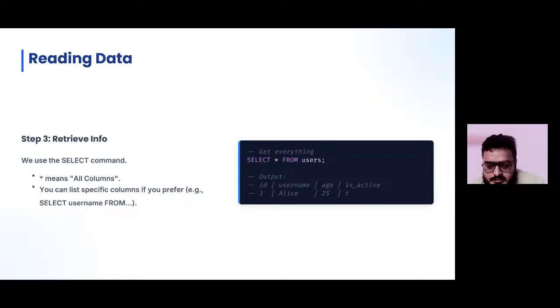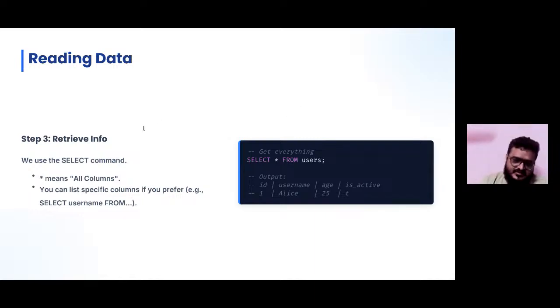Yeah. So the third step is retrieving the info. We will use the select command, and star means we are taking all the details of what we have given to the system. You can list specific columns based on your preference.